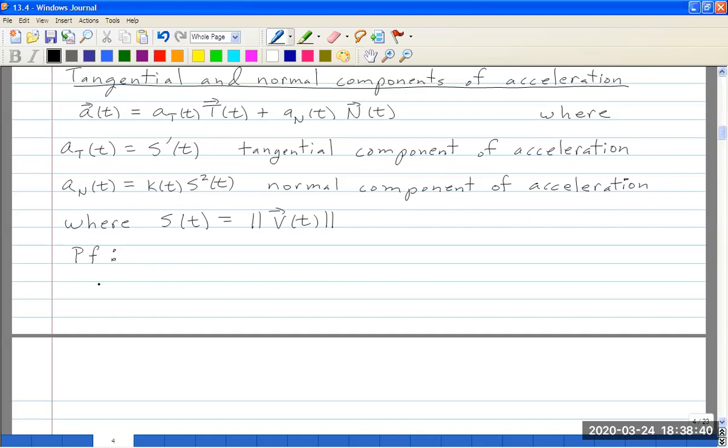Well, the velocity is just the speed times the unit tangent.